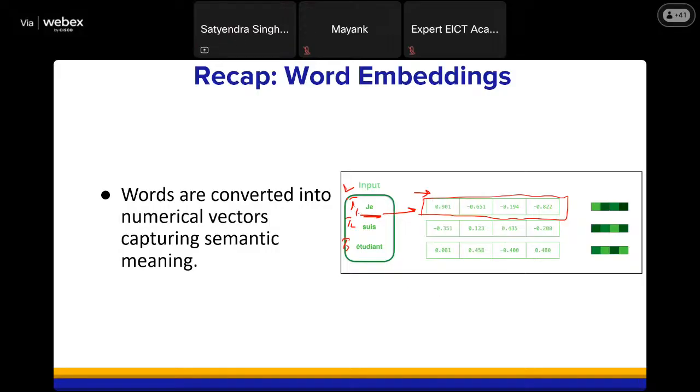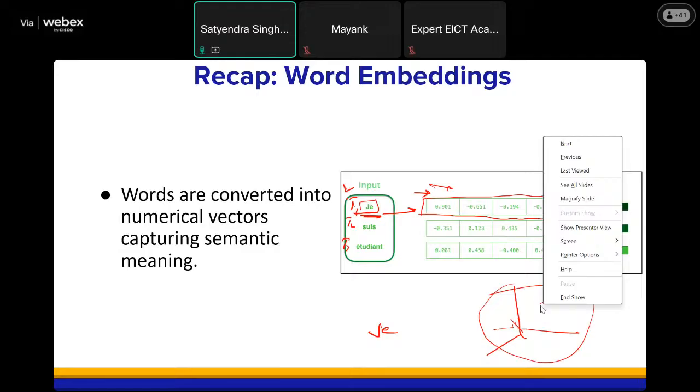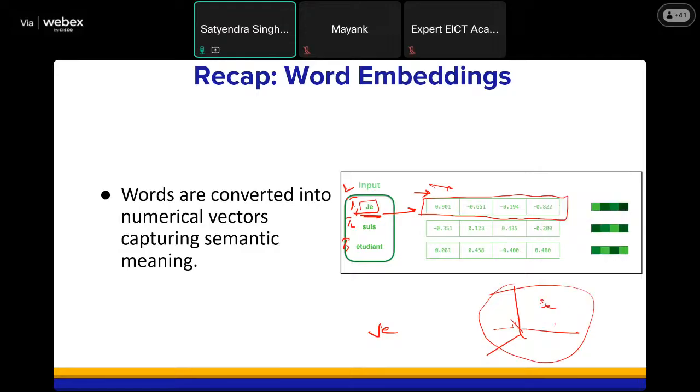So in this example, if you have a word represented by these four numbers, it gives you one position in the four-dimensional word space that represents that word. So a particular location in n-dimensional space is basically the word embedding of that word.